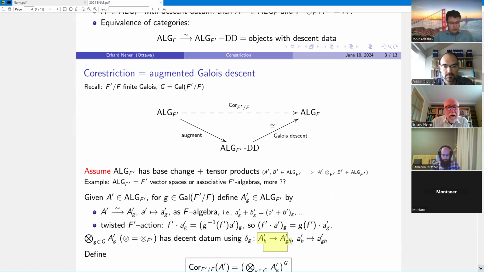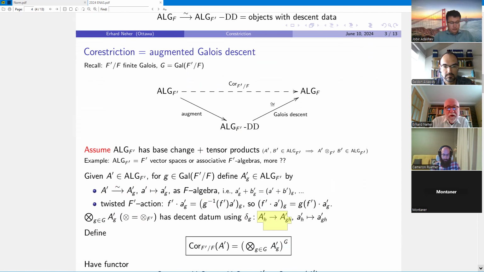And then I define the corestriction by saying, let's take the tensor product over all A prime g. This now has a Galois descent datum, and I take the G fixed points. So this is corestriction.